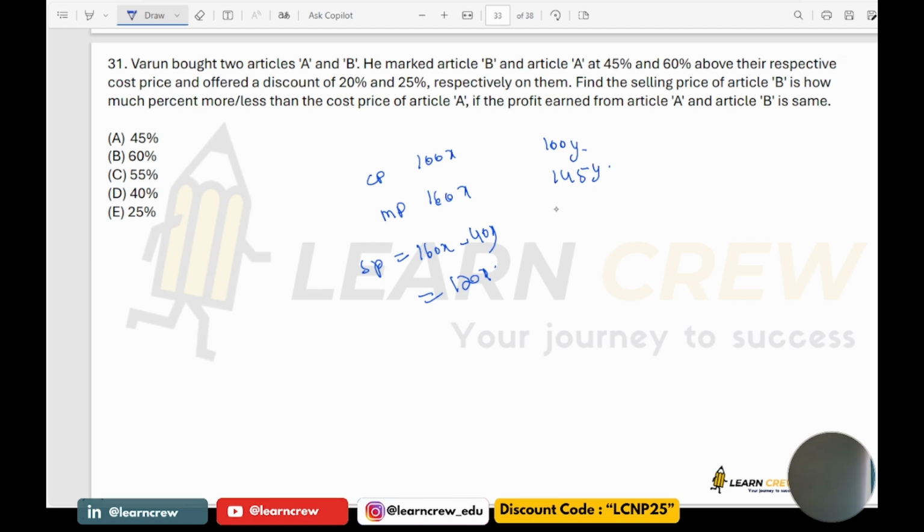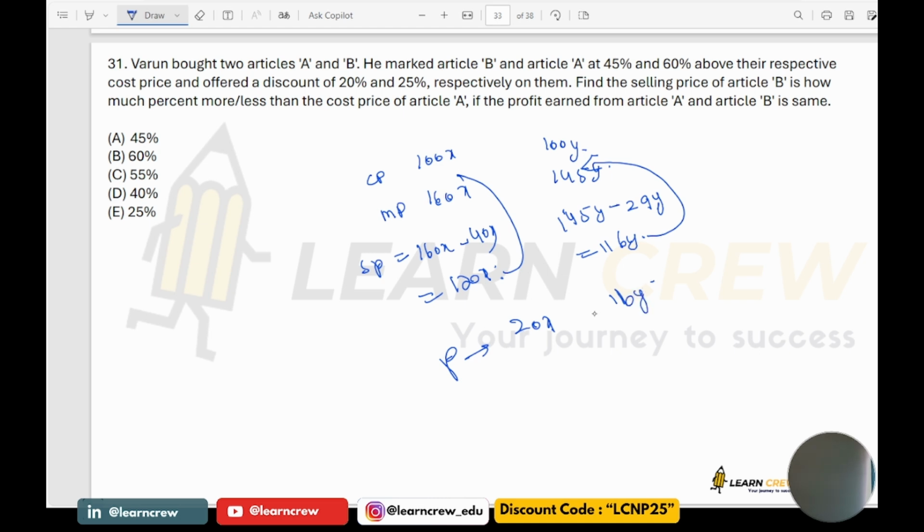Similarly, article B. Now 145 minus 20 percentage means 29, which is 116y. So 120x minus 100x, here profit is 20x. Okay, profit is 20x, and here profit is how much? 16y.